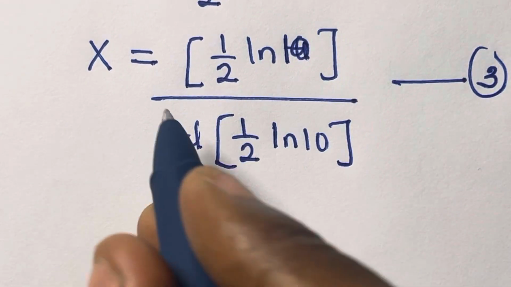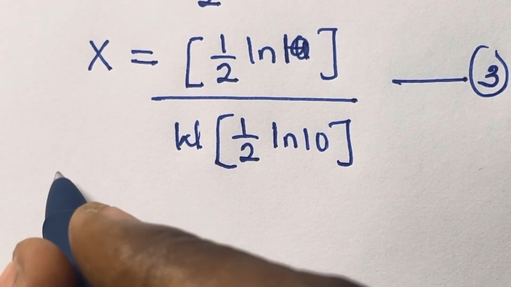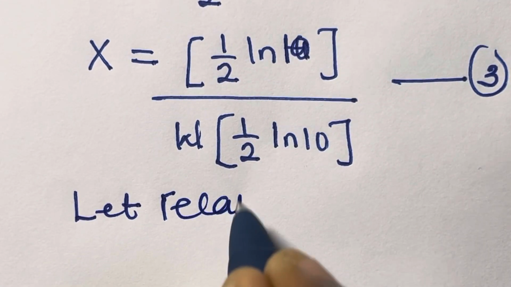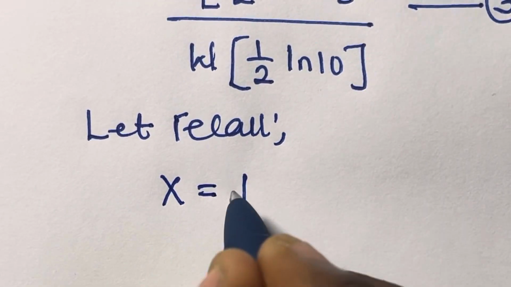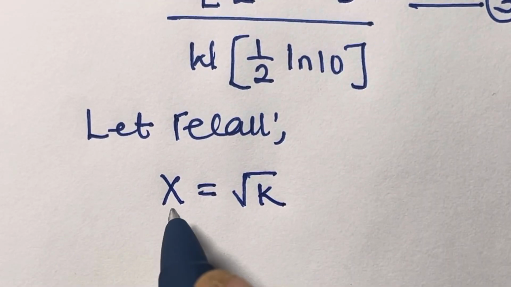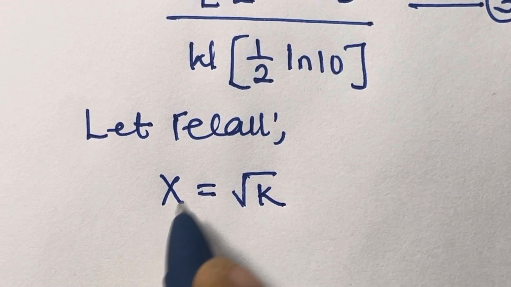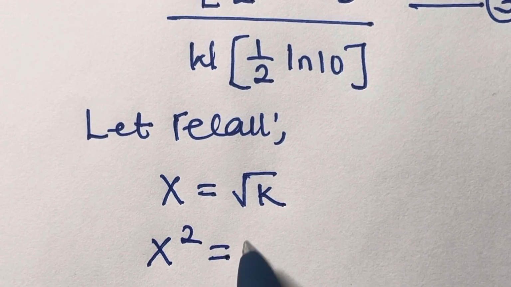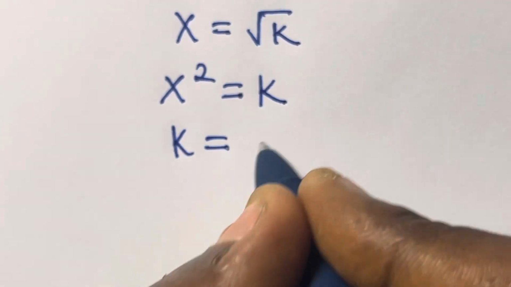So now we are not finding x, rather we want to find k. So let's recall that our x equals square root of k, right? So now to cancel this square root, we square both sides. So we have x squared equals k, right? So this implies that our k equals x squared.